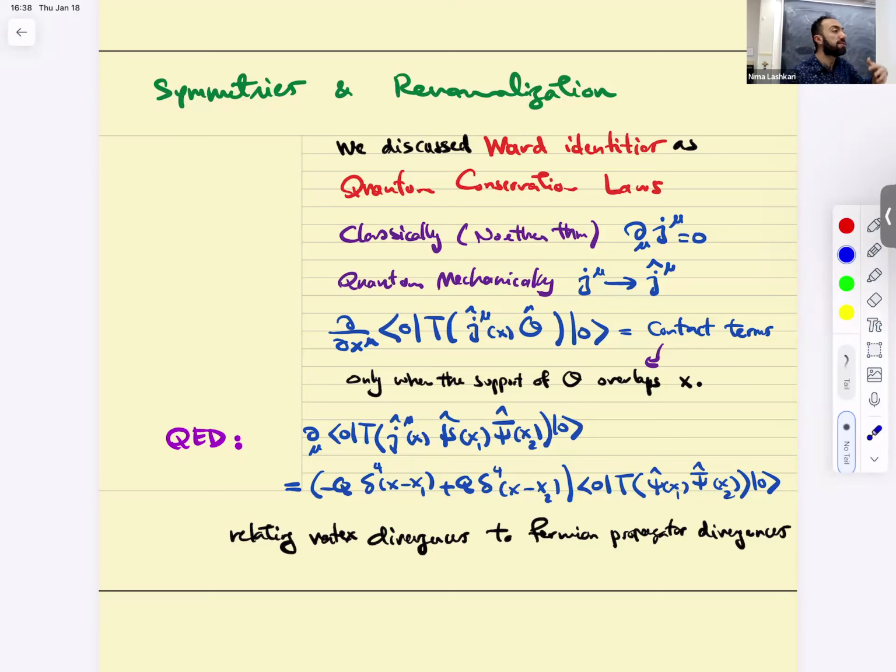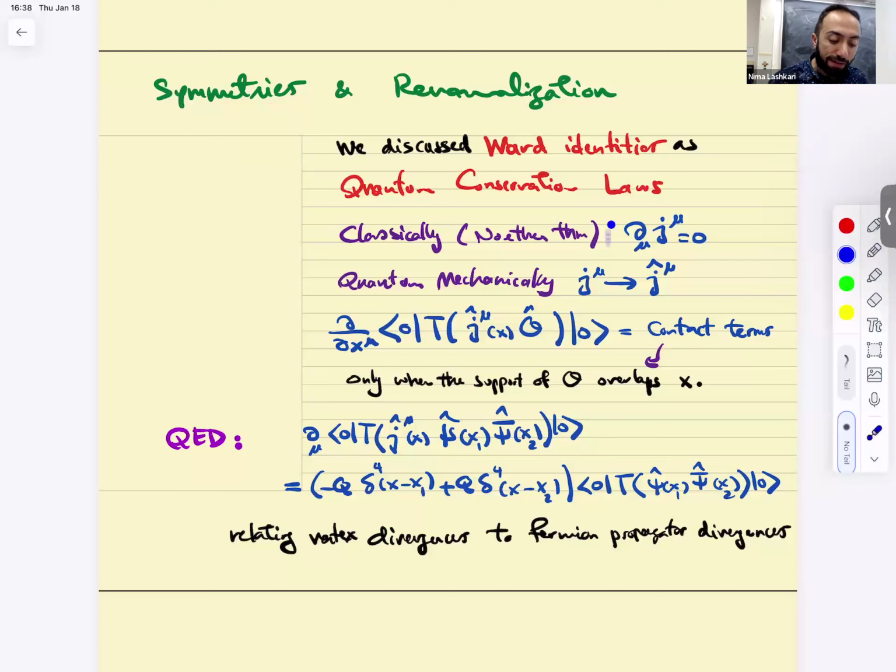Then we discussed that in the quantum world, phi becomes an operator. So if you take the equations of motion viewed as an operator, it's no longer equal to zero. The expectation value of this thing, time ordered next to any other operator, will only include contact terms, and this is what we call Schwinger-Dyson equations, and this is a non-perturbative way of repackaging quantum field theory.